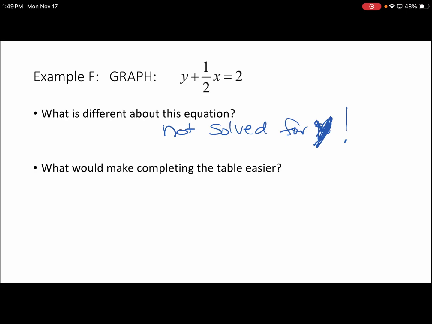If I had to plug in and make a table, I would have to plug in a number, and then subtract the number, and that would give me y. And then if I plugged in a different number, I would have to take half of it and then subtract it. And if I plugged in a third number, I have to do the math, subtract it. Does everybody see? If it's not solved for y, what would make completing a table easier?